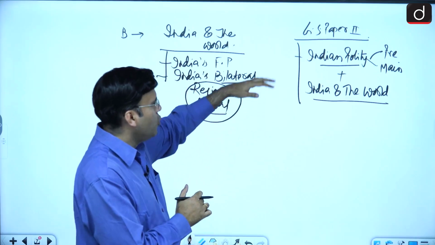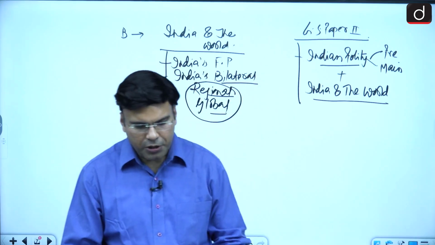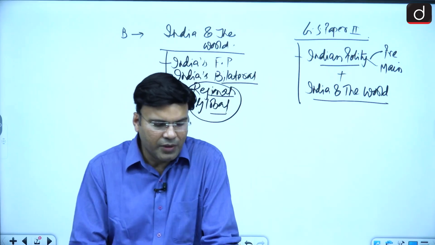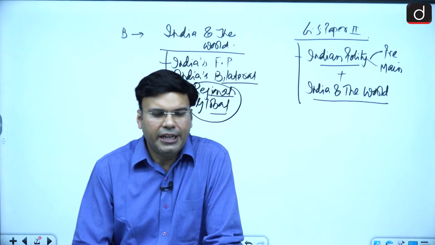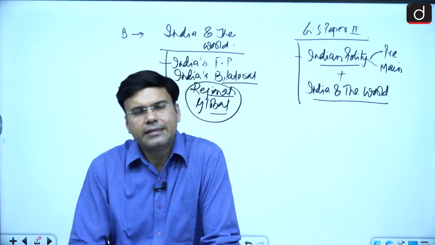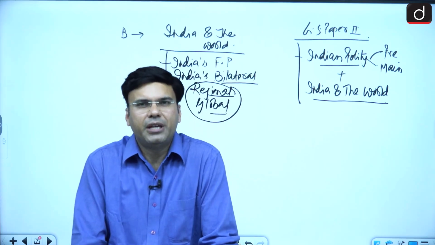Okay. So if you look at GS paper 2, barring the governance element, the entire paper is an overlap of PSIR.